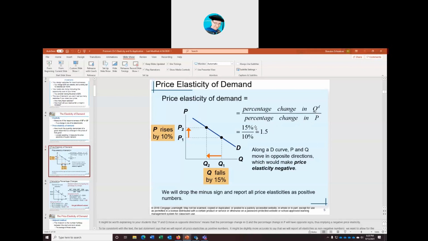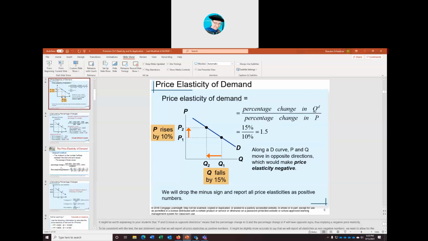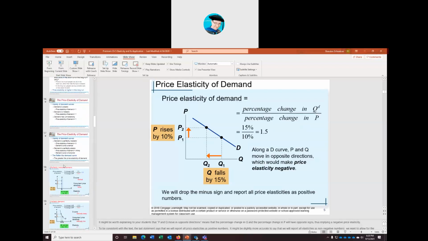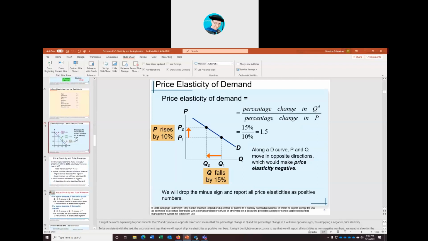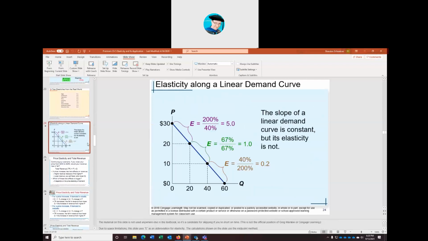Once you have that concept down, you'll be okay, because that lays the foundation for everything we do in elasticity. And then what we talked about just now: with an elasticity greater than 1, it's elastic. Equal to 1, it's unit elastic. And less than 1, it's inelastic.